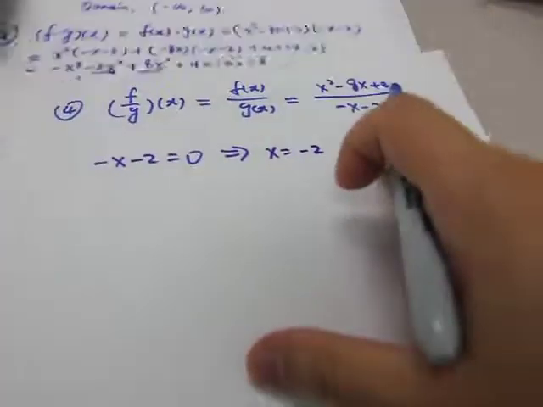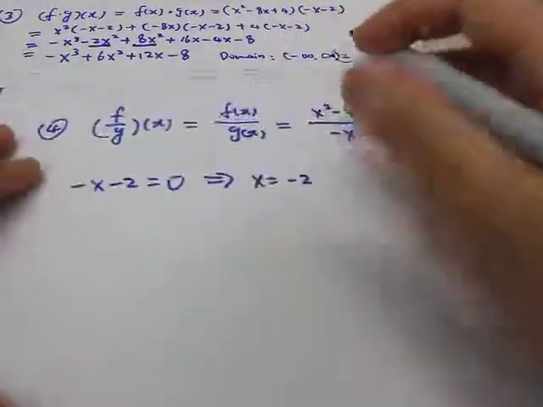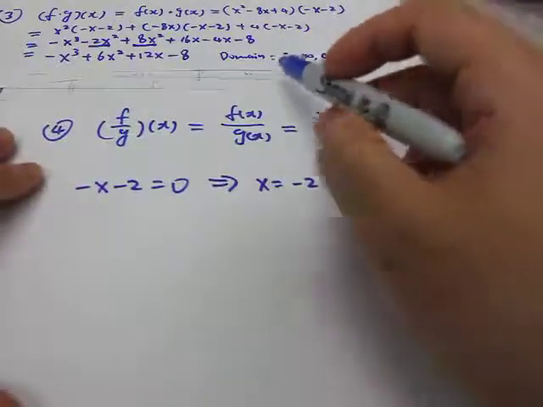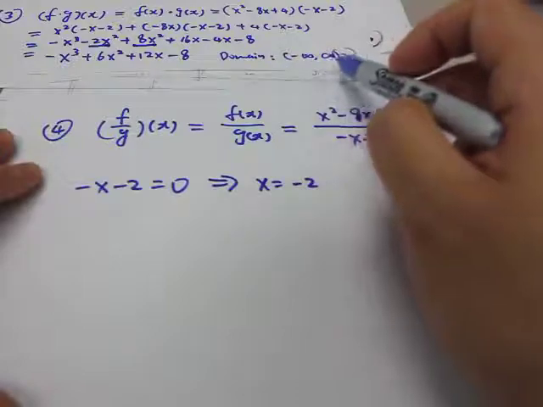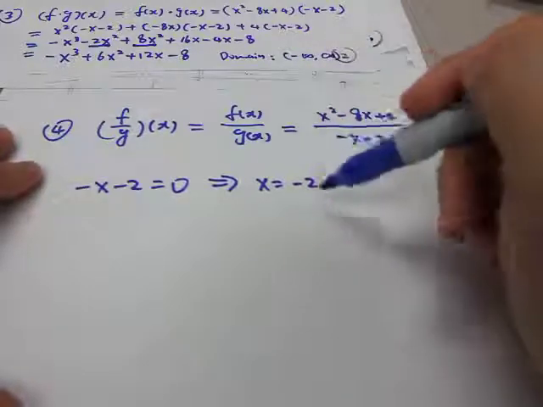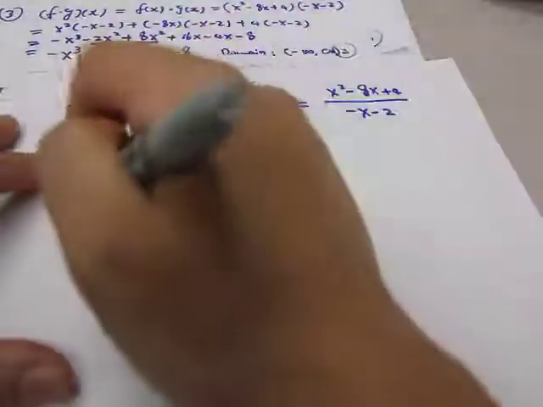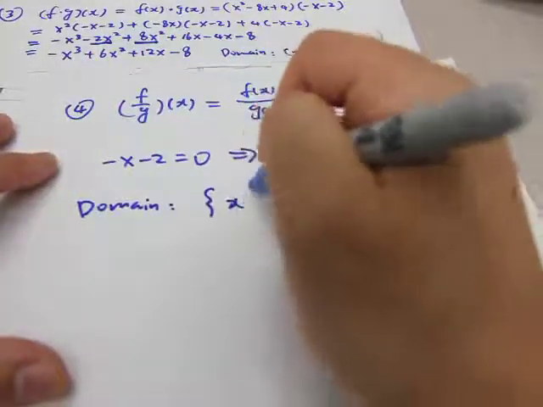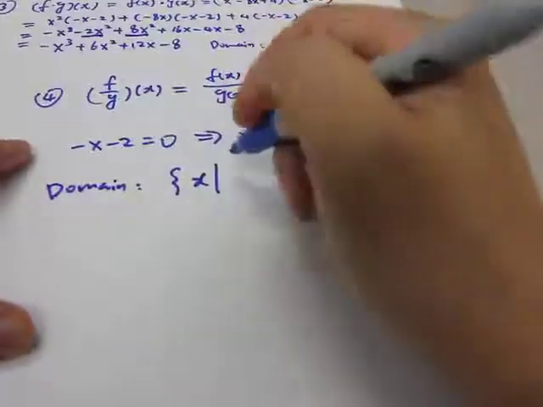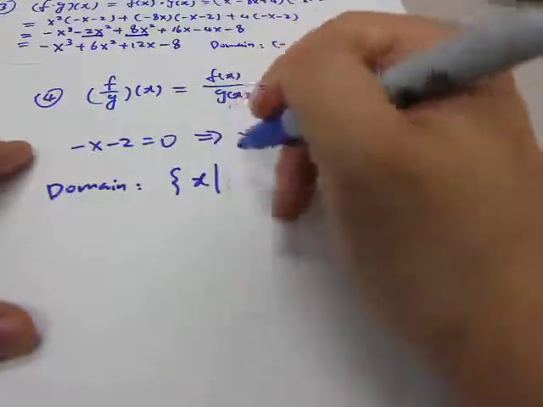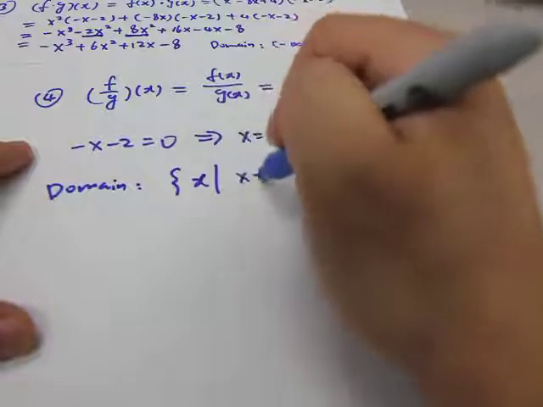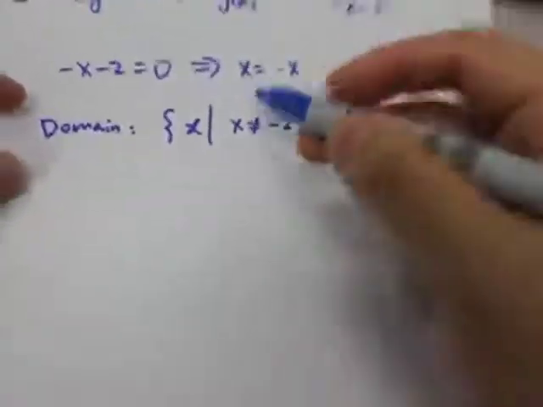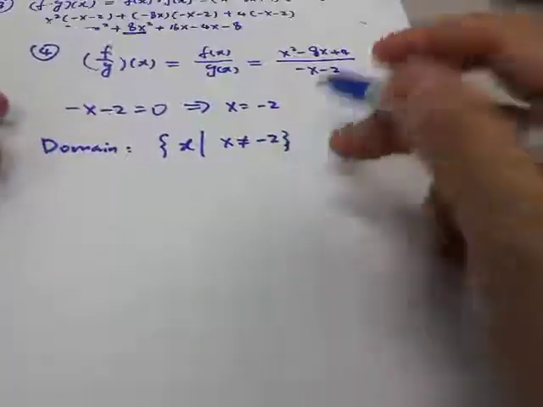So therefore, when we are considering the domain of this function, the domain should be every real number except negative 2. And we can use a set to write this. So the domain will be anything except negative 2.